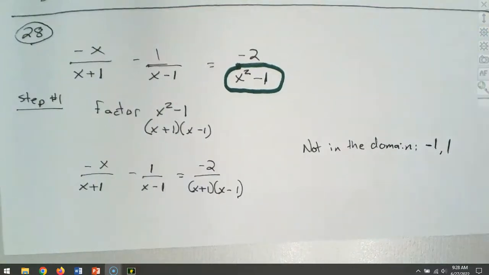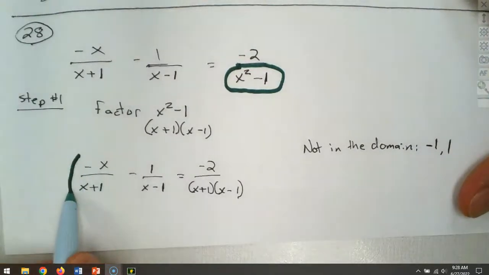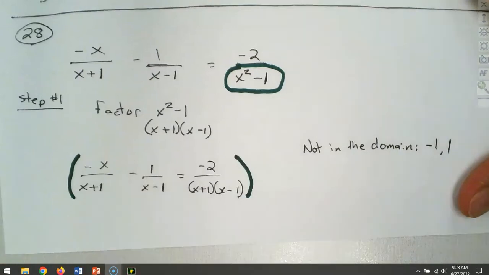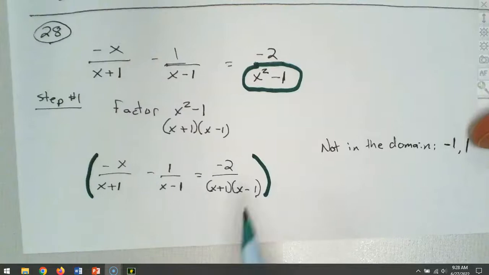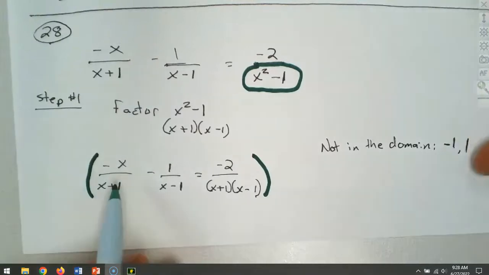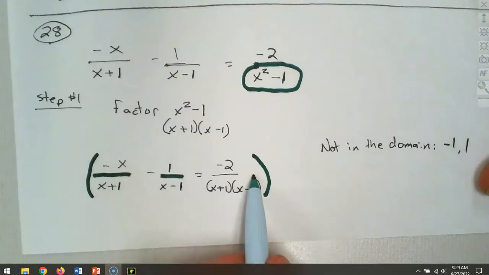Now we're going to clear the fractions, which this one's actually a little bit easier, truthfully. This one we're going to have to factor, and this one's going to actually give us no solution. So let's look at this as a whole. Do we have any numbers below the division bars here?